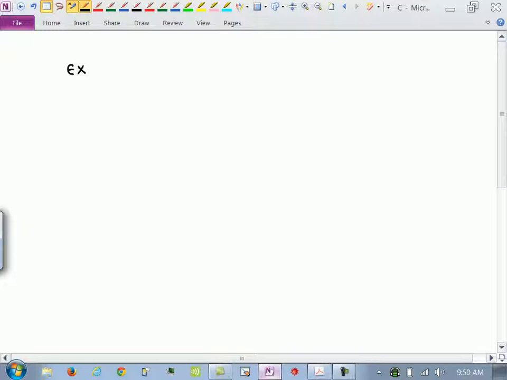How about x plus 0.06x equals 3816. No grouping symbols, right?